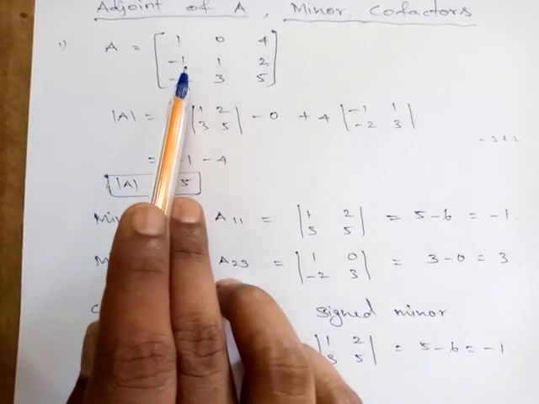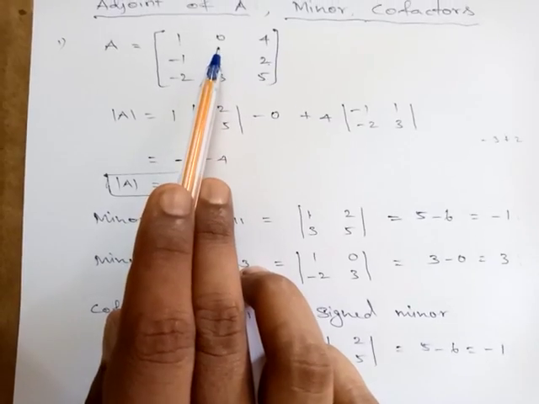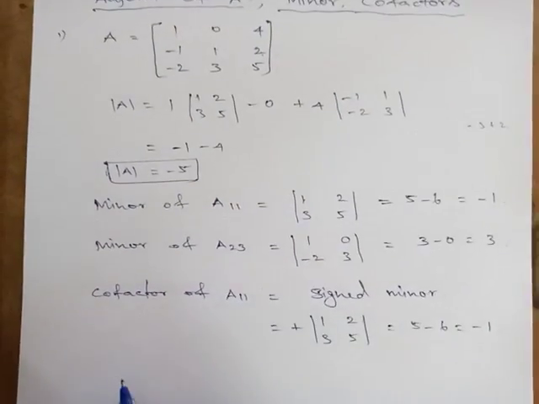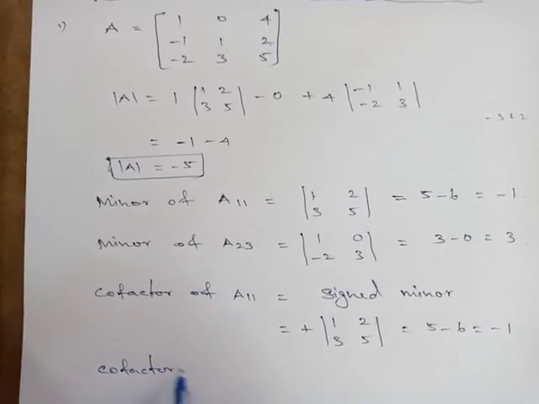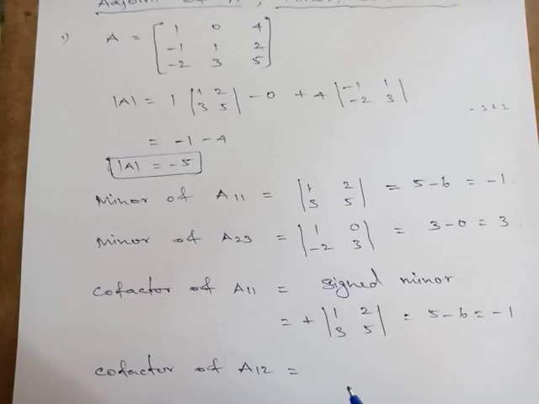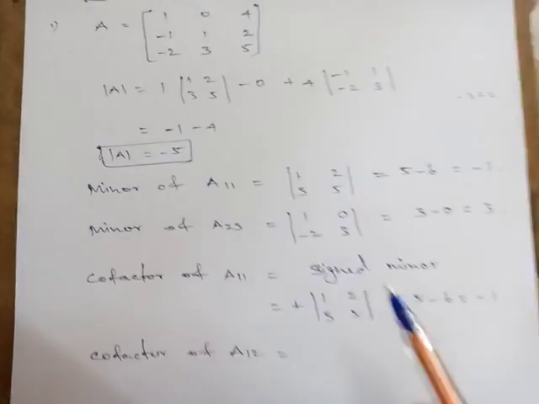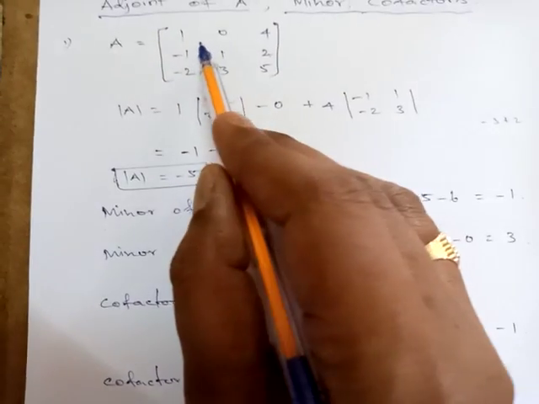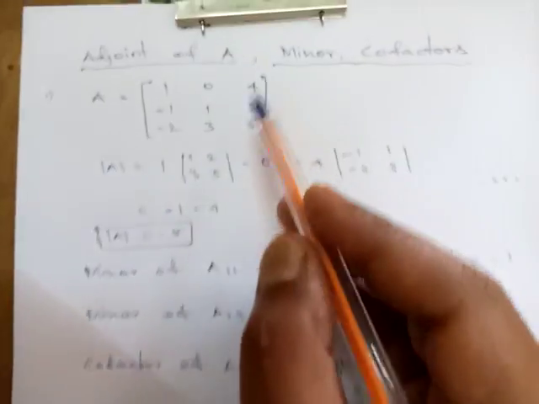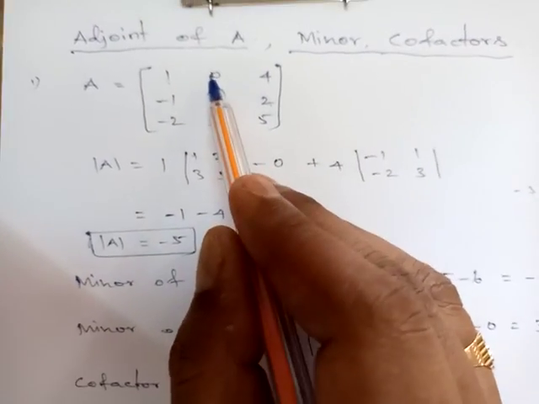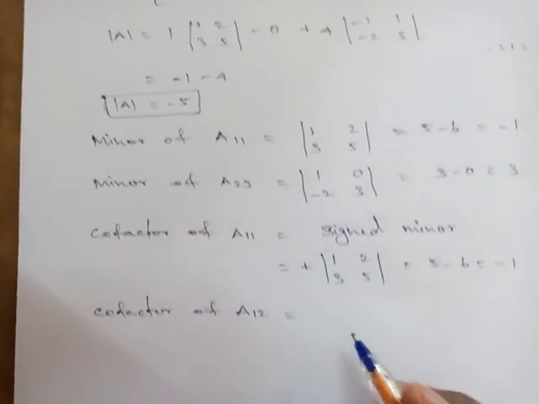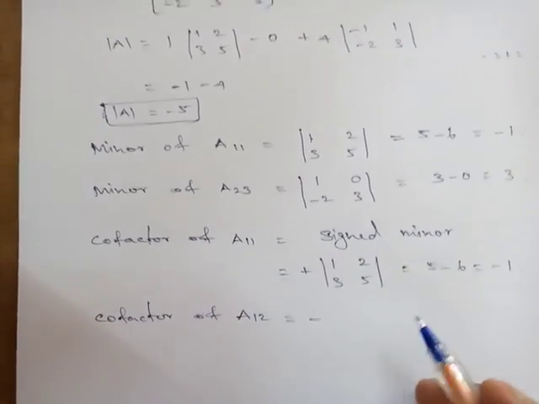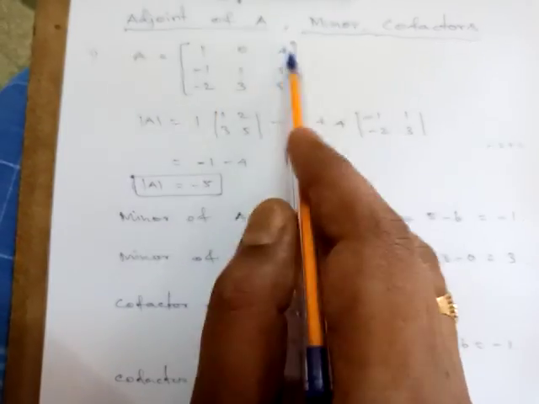But for example, consider the cofactor of A12. A12 means first row, second column, that is 0. For this 0, the sign of this place is negative. Then leave this row and this column.